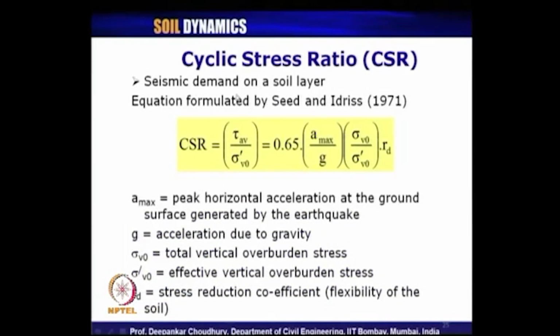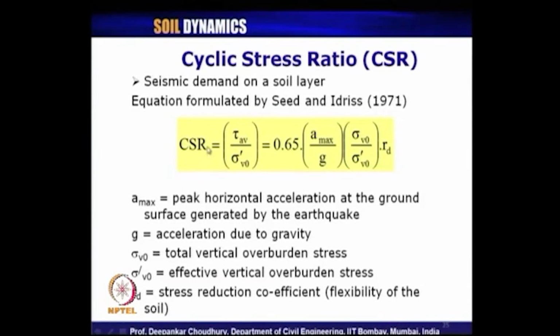How do we compute the cyclic stress ratio CSR, that is the denominator part of the factor of safety expression. As I have mentioned, it is nothing but the seismic demand on a soil layer, and the CSR is estimated using the equation formulated by Seed and Idriss in 1971.